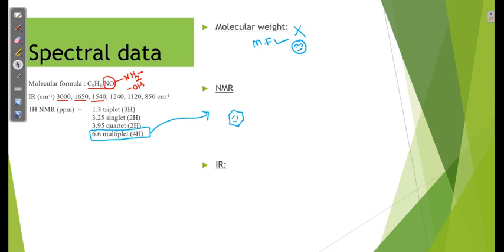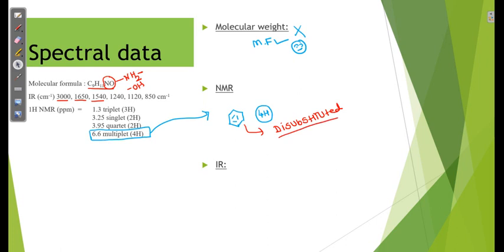After that, you can see that it has 4 hydrogens. What does it indicate? Due to 4 hydrogens, it indicates that this benzene ring is disubstituted, because only then does the benzene have 2 hydrogens.